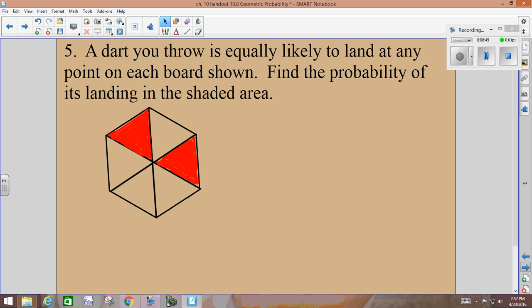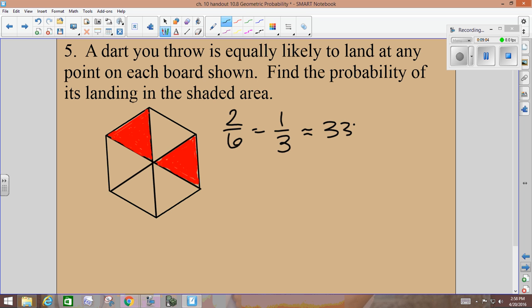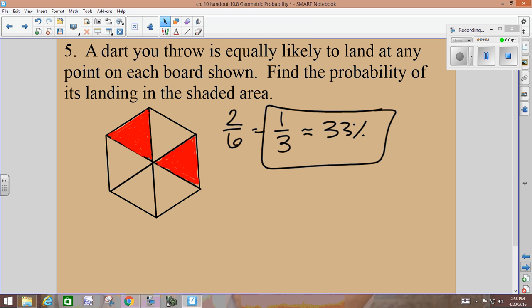How many spots are shaded? 2. How many total little spots are there? So what's your probability? 2 out of 6, which we reduce to 1/3, which is about 33%. If they don't give you any measurements, then it's hard to do the area of it. Do you know what I'm saying? Yeah. Okay.